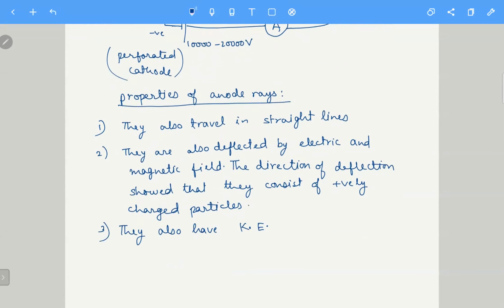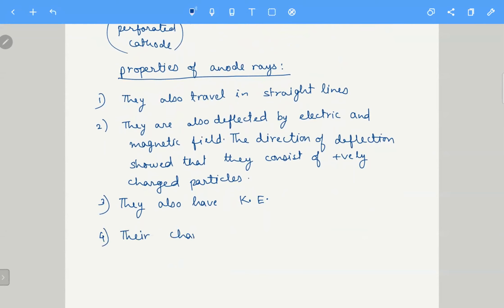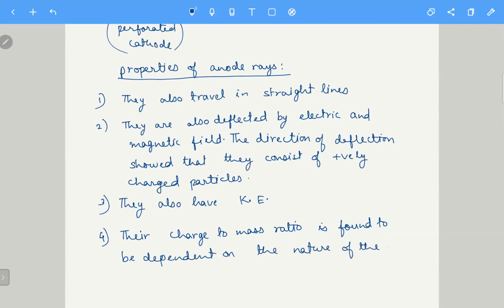And their charge to mass ratio is found to be dependent on the nature of gas present in the discharge tube.